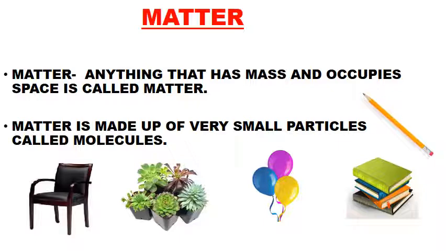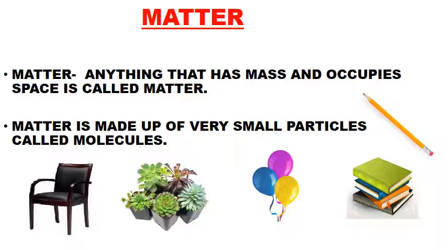They are of different color, shape, and size. But all these things have mass and they all occupy space. So all these things are called matter. Now what is matter? Matter is anything that has mass and occupies space.